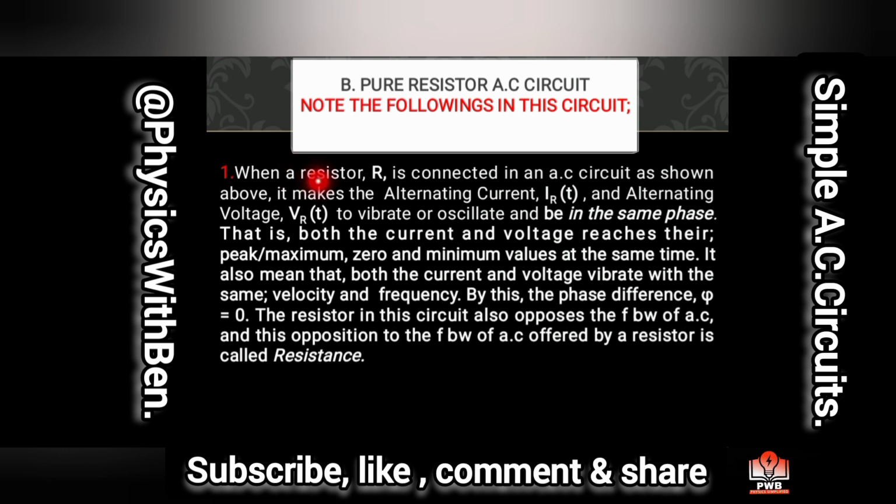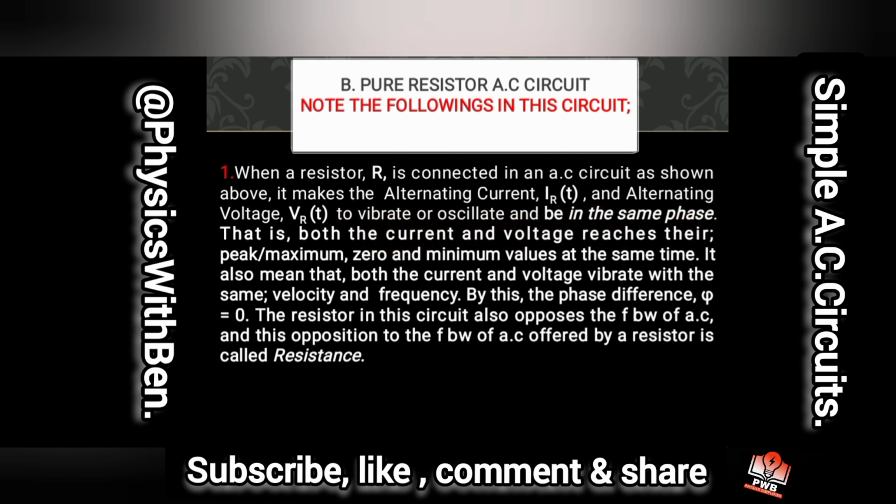So when a resistor R is connected in an AC circuit as shown above, it makes the alternating current IR as a function of t and the alternating voltage VR as a function of t vibrate or oscillate and be in phase.